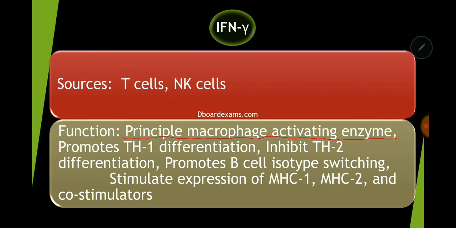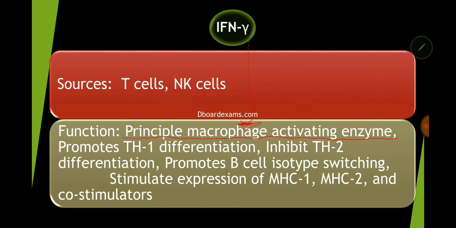So it increases the number of macrophages in blood. Also it promotes T helper 1 differentiation, while it inhibits T helper 2 cell differentiation. It also promotes the B cell isotype switching.